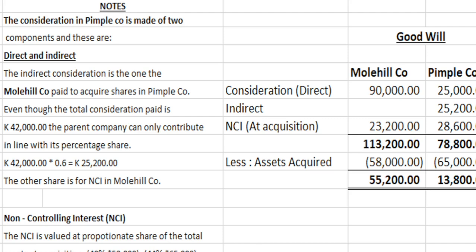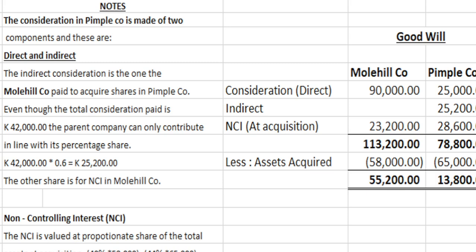This total here is a bit tricky because if you try to leave out this other component of consideration, the balance sheet will not balance, and you end up getting things wrong here. So you have to make sure that when you're doing the consideration, you put both the direct consideration and the indirect consideration. The direct consideration is 25,000 kwacha, the indirect consideration 25,200 kwacha.